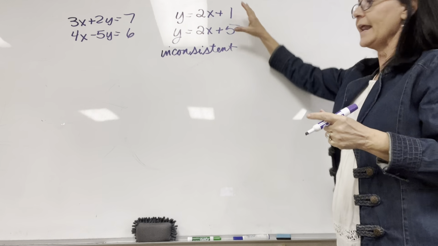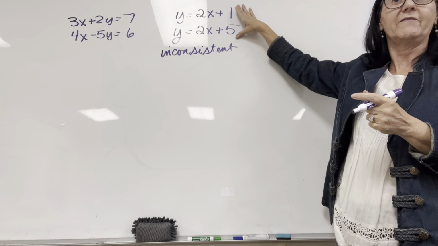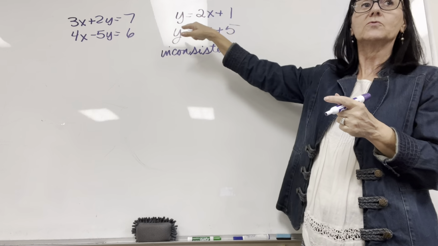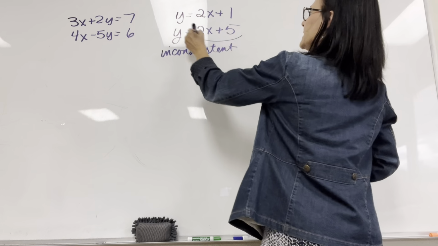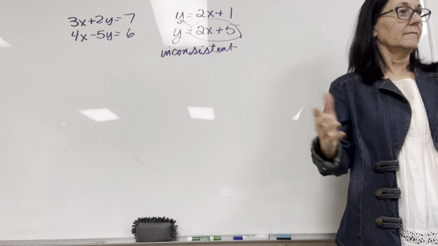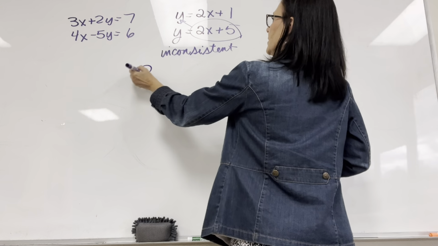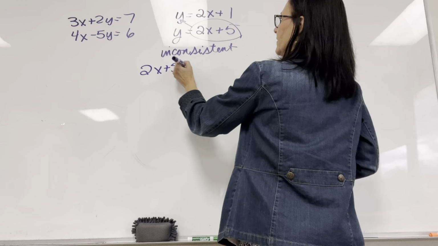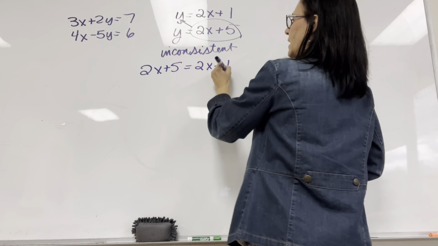All right, so let's see what happens when we go to solve this system of equations. I have y equals and y equals. I'm going to substitute this for y. So I'm going to have 2x plus 5 equals 2x plus 1.